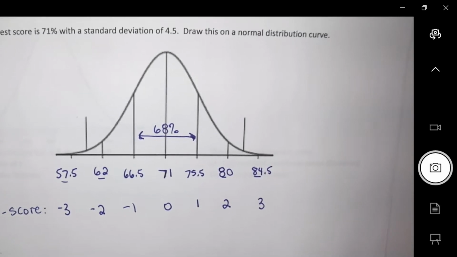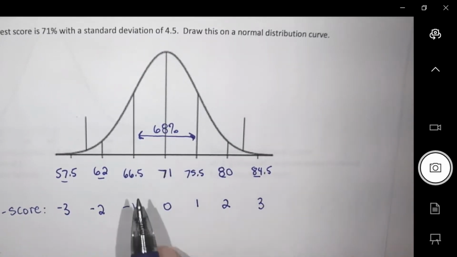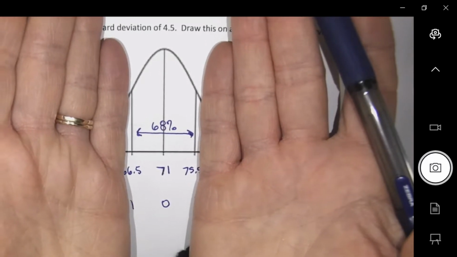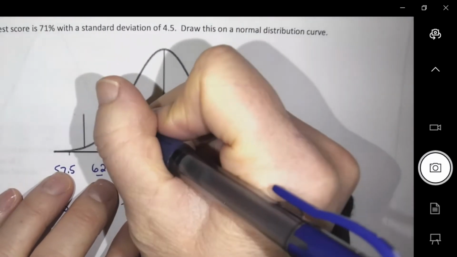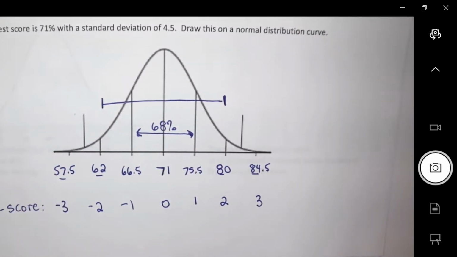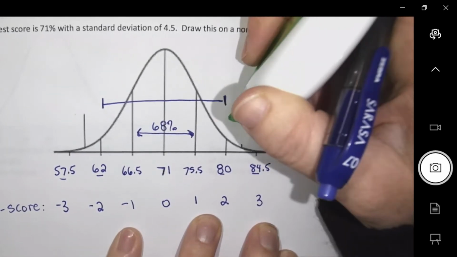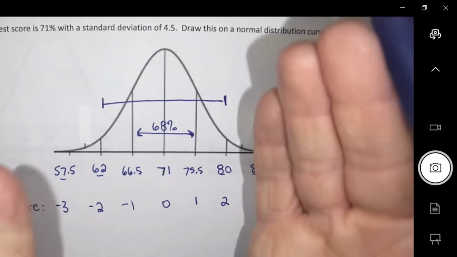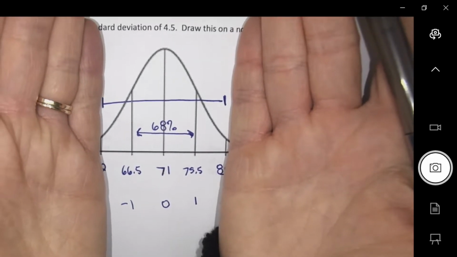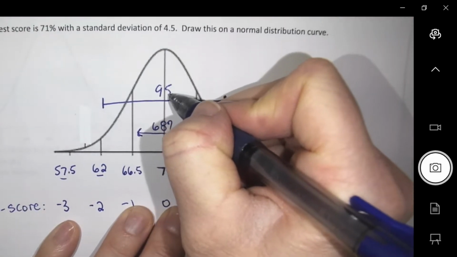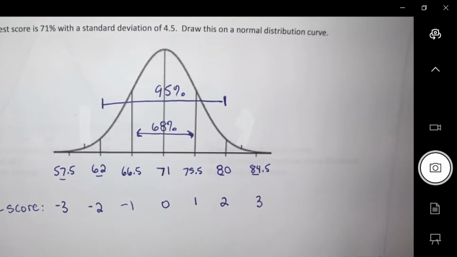Okay, now, here's another number for you. So 68% of the data on the curve is located in that zone. Between the second standard deviation zone, underneath your curve is 95% of your scores.